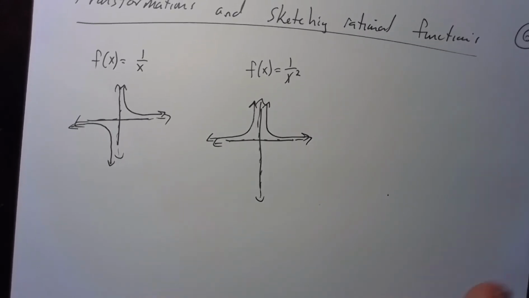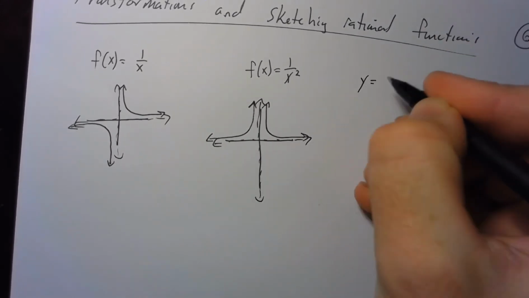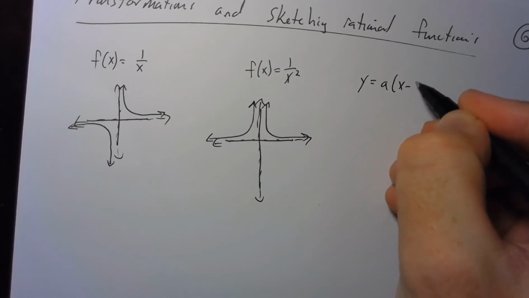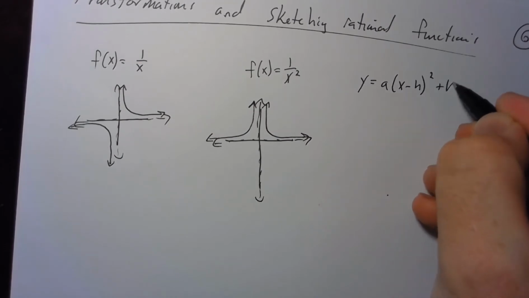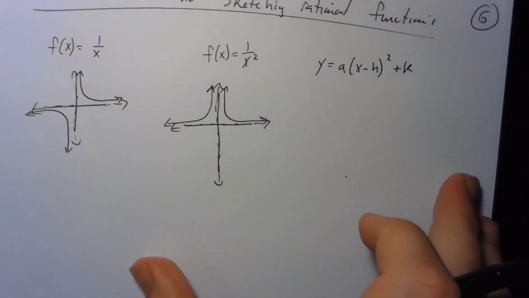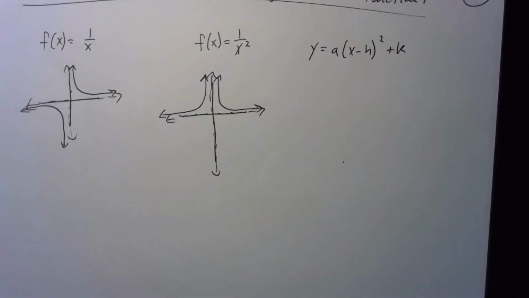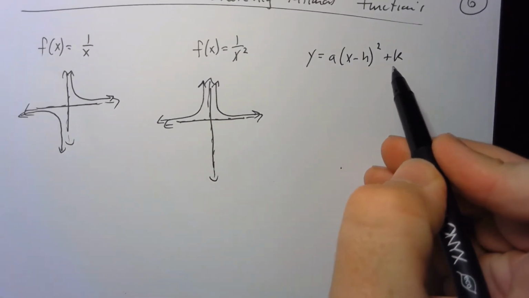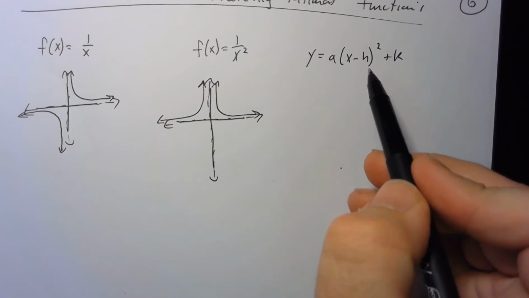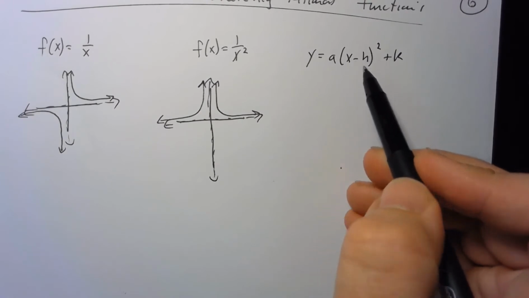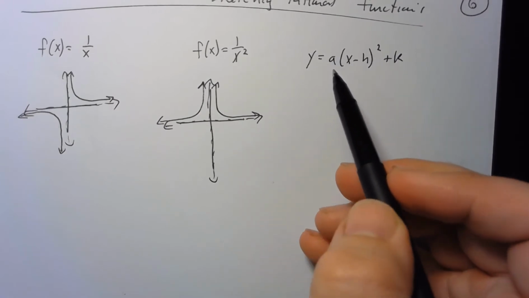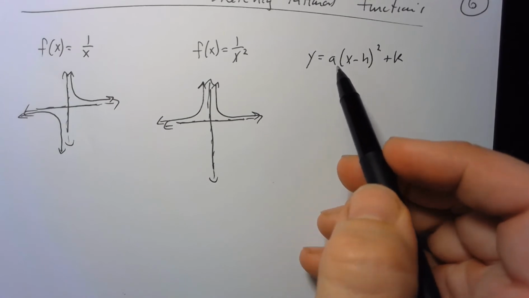So let's go ahead and identify one more time the basic transformation rules for, say, a quadratic function. Something like this will allow us to identify very clearly that we're going to have a shift up by k units, a shift to the right h units, and then this would be your stretch factor or your reflection factor.